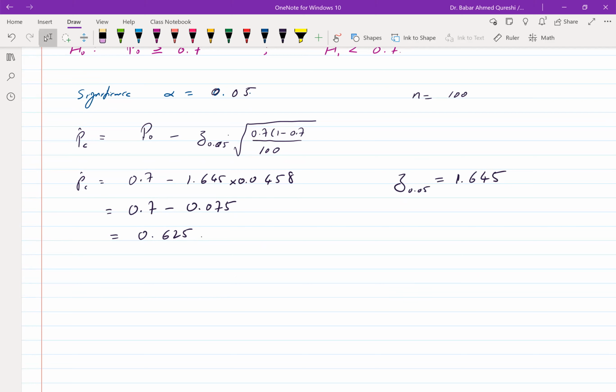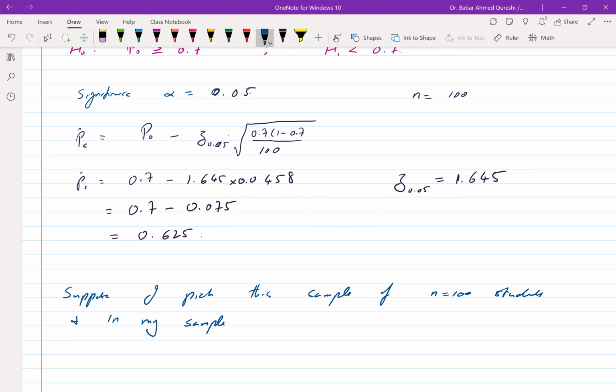So suppose I pick this sample of 100 students, and in my sample only 60%. Well, there were 100 students, let's say only 61 passed.